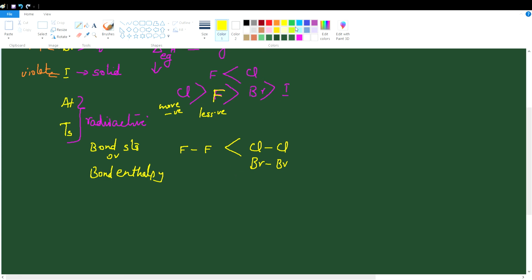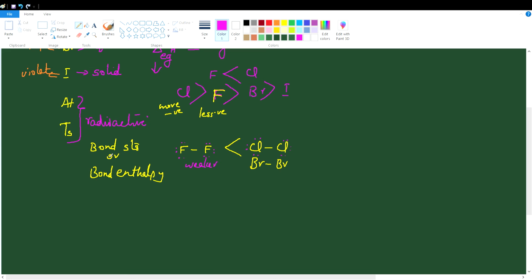This is due to the small size of fluorine. Fluorine has 3 lone pairs of electrons. Here also there are 3 lone pairs on chlorine and other halogens also. Because of small size, these lone pairs, non-bonding electron pairs, experience more repulsion. Due to more inter-electronic repulsion, due to the small size of fluorine atom, the fluorine-fluorine bond is weaker than chlorine-chlorine or bromine-bromine bond.